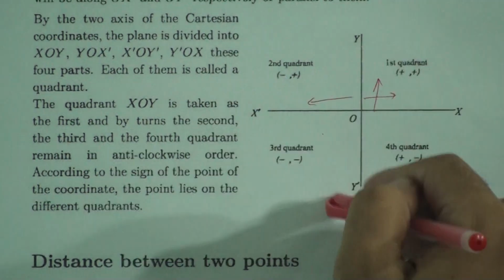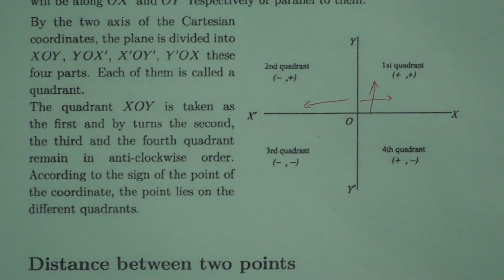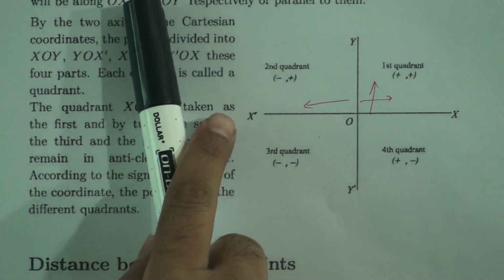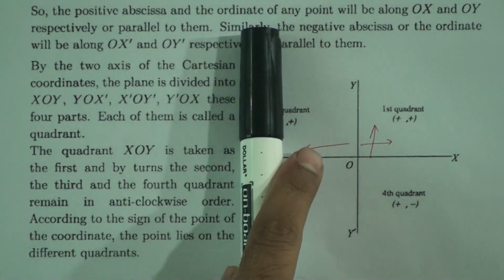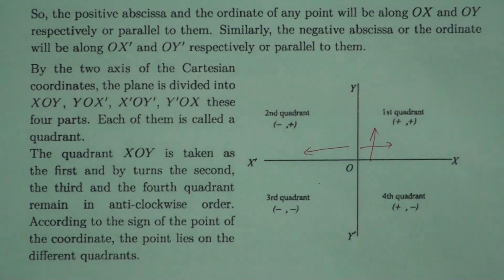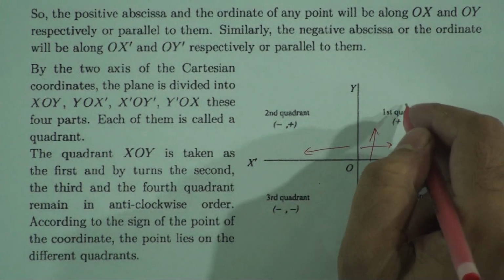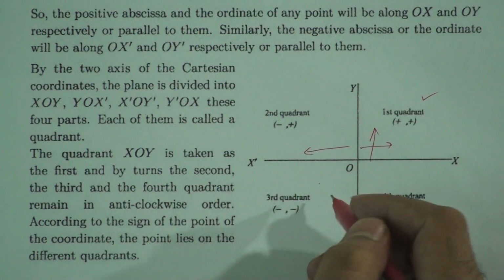If any point lies on the y-axis, its abscissa will be 0. The positive abscissa and ordinate of any point will be along OX and OY respectively or parallel to them, it means that if both are positive, that will stand on this part.